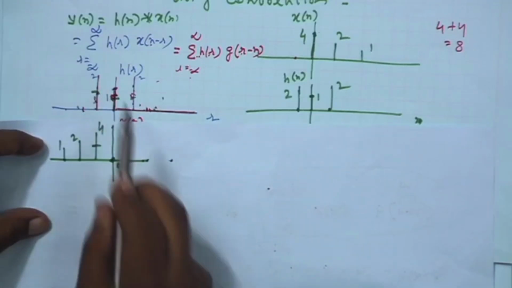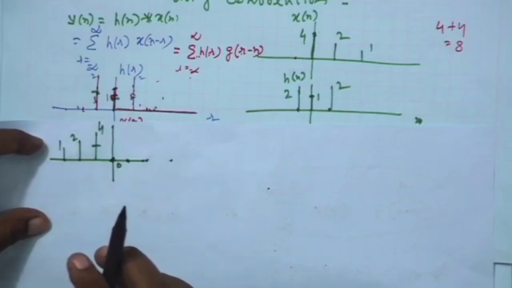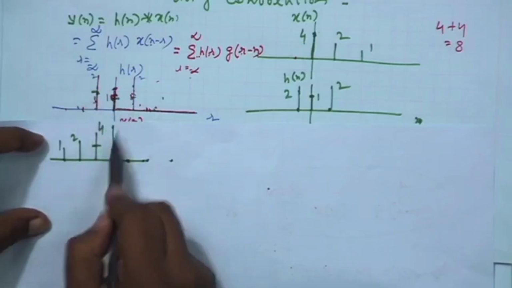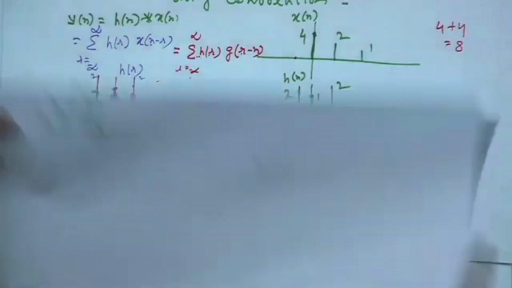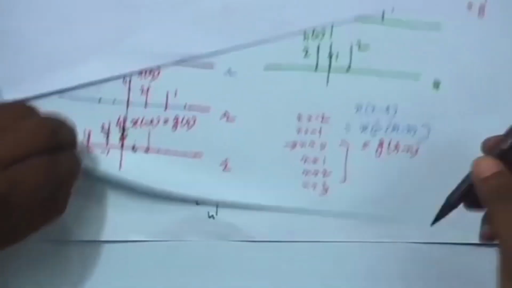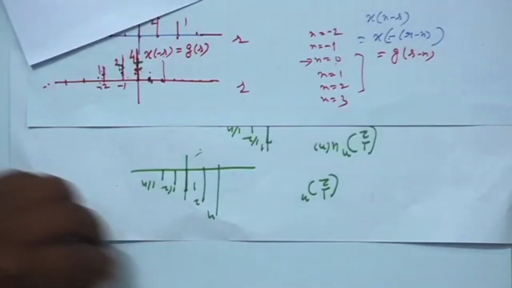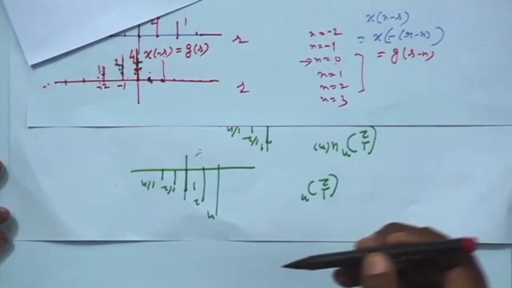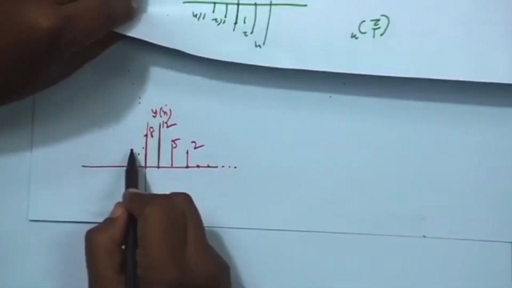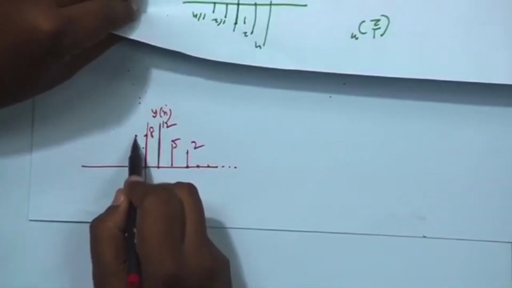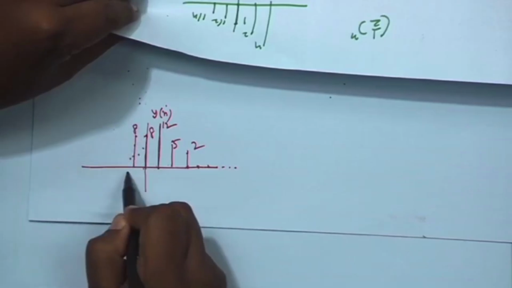So only these two overlap. 4 into 2, this with 0, this with 0, and so on. 4 into 2 is 8, which means output will be 8 at minus 1.